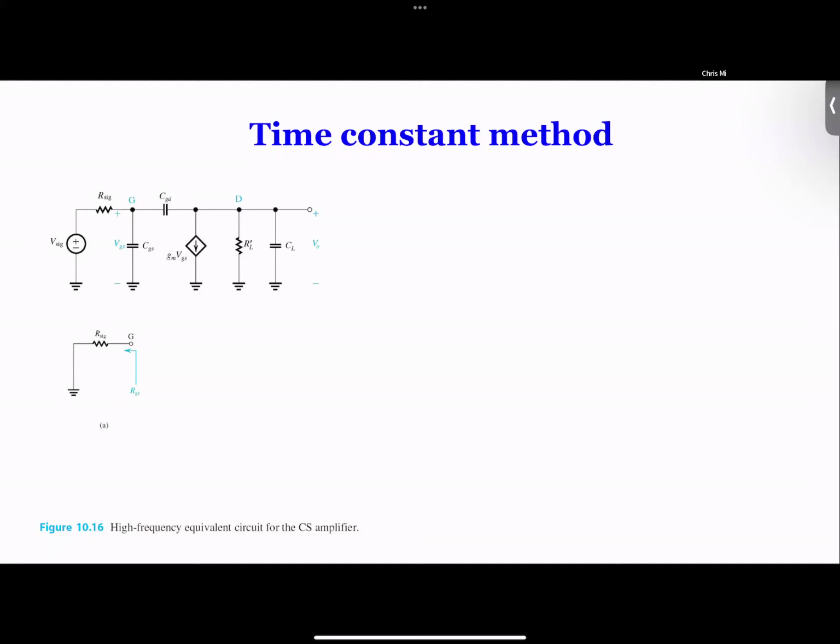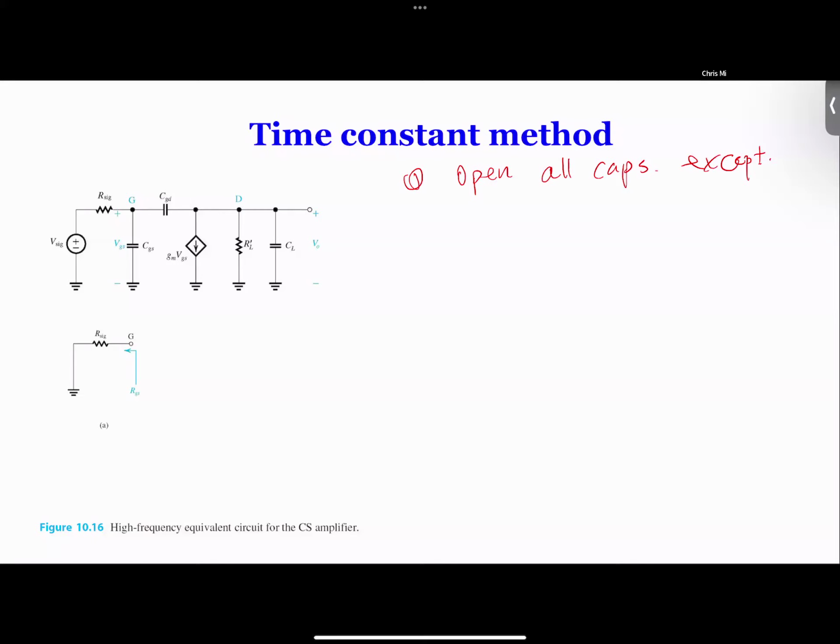So what the theorem is saying is that we need to find the time constant for each of these capacitors, which means we have to find the time constant for CGS, CGD, and CL. How do you find it? Well, it says open all caps except the one that you're looking for.